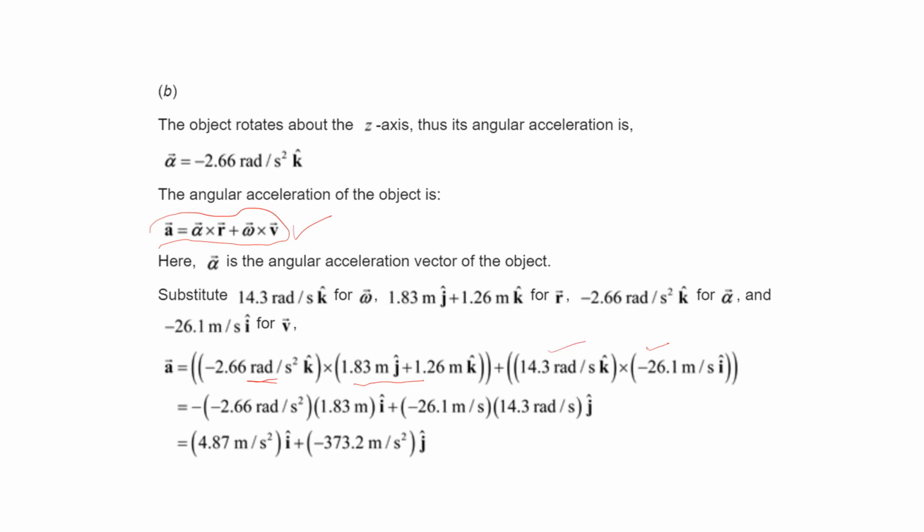Using this, there are two components. One is the tangential component of the acceleration and the other is the radial component. On using this formula, we end up with 4.87 meters per second squared with a unit vector i and the other, minus 373.2 meters per second squared with a unit vector j.